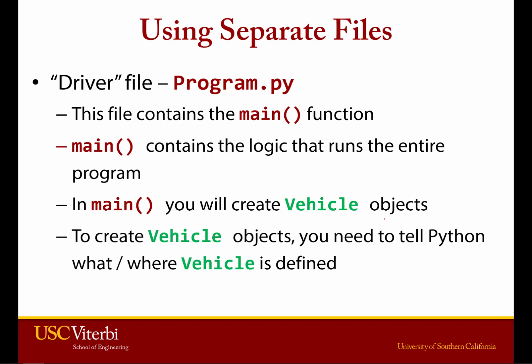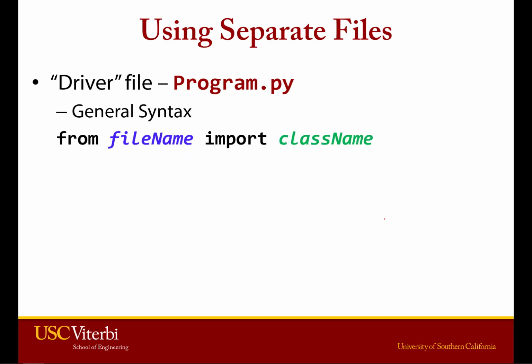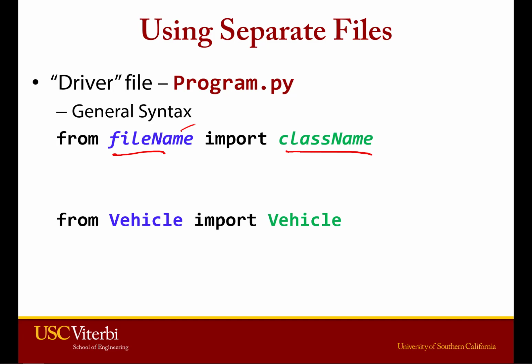Just like if we want to import something, we need to say, first I'd like to import random before I can use random.choice. And so the syntax for that is we say, from my file name, import the class name. This file name is exactly the name of the file minus the .py. So in our case, we would say, from vehicle, import vehicle.